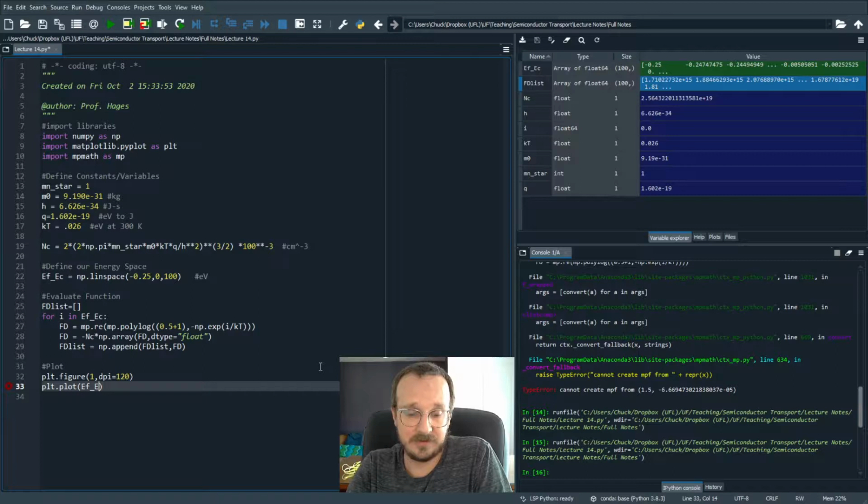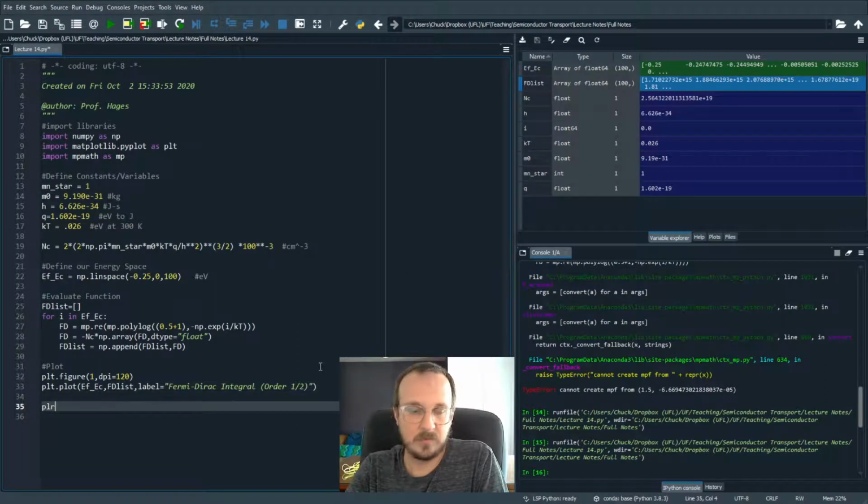EF minus EC is going to be notated by this variable. You can use underscores, that's fine in variable names. And let's plot it versus FD list. Let's make a label, and call this the Fermi-Dirac integral order 1/2, and we'll make a legend.